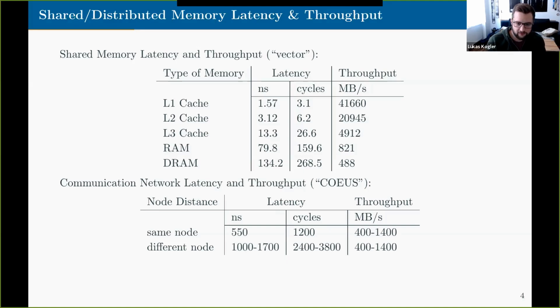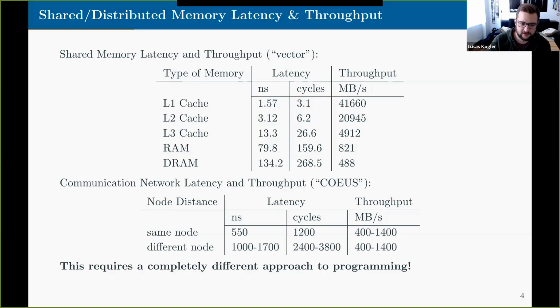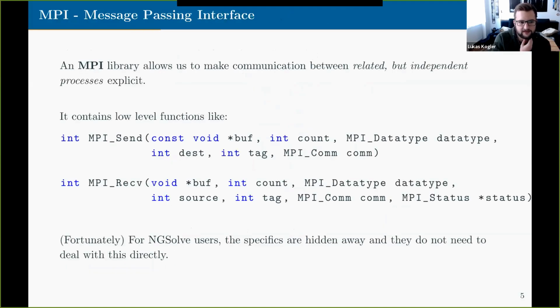There are even approaches that try to completely obfuscate this distribution of memory across different machines from you, for example, I think this is called PETSc. If you use that naively, it is not going to give you very performant code. So this is really a difference in memory latency, which we have to consider in our programming approach in order to get performant code.